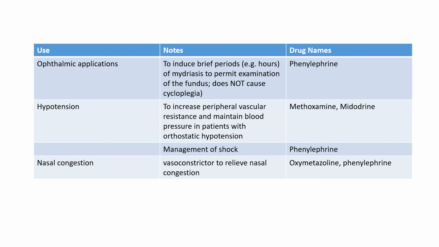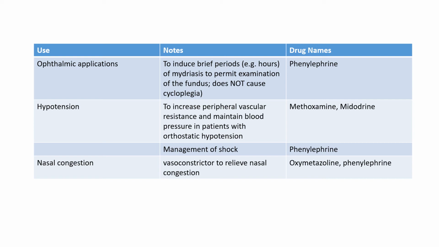So in summary, for the past few minutes, we have looked at 4 different examples of selective alpha-1 receptor agonists, namely phenylephrine, methoxamine, midodrine, as well as oxymetazoline. There are 3 main clinical uses associated with alpha agonists, or specifically alpha-1 receptor agonists, namely to induce brief periods of pupil dilation or mydriasis to assist in the fundoscopic examination of the eye.